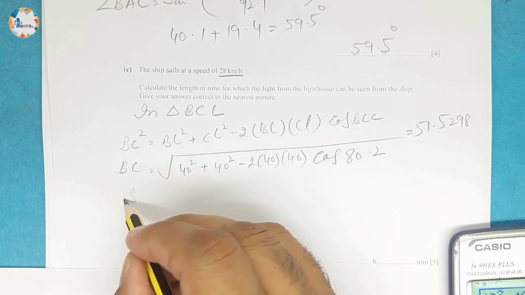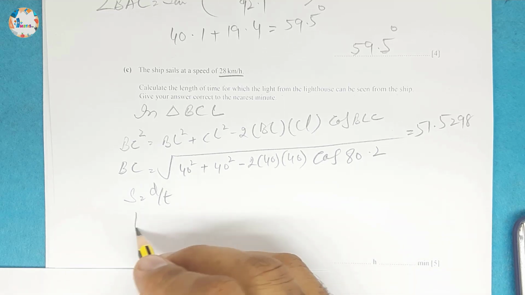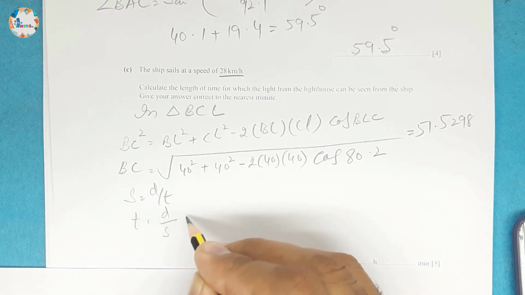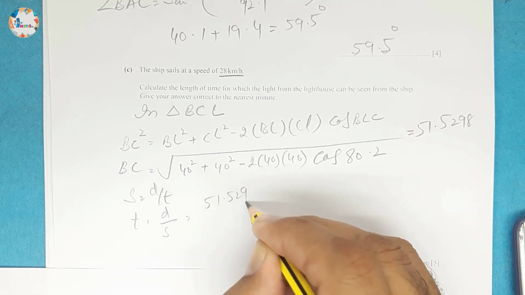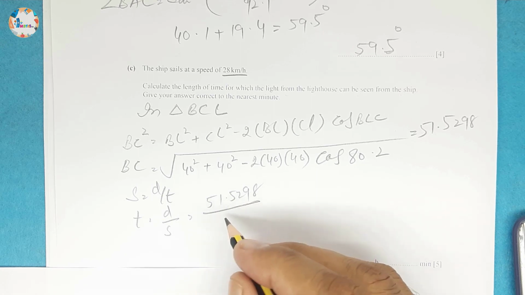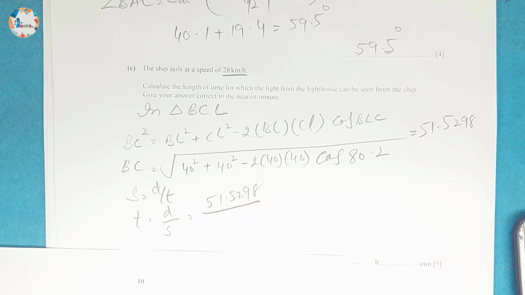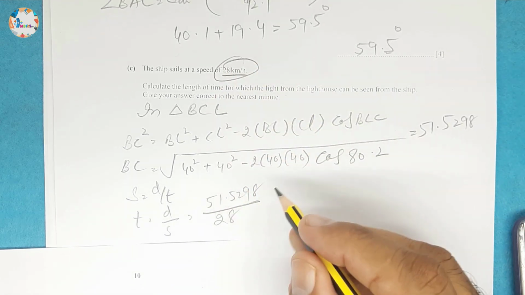And we have to find the duration. So we know speed is equal to distance over time, so time will be equal to distance over speed, and distance is 51.5298 kilometers, divided by the speed which is given, 28 kilometers per hour.